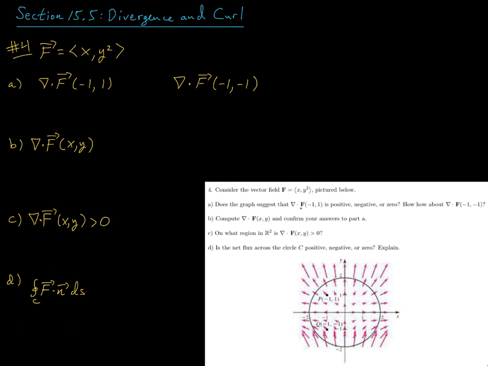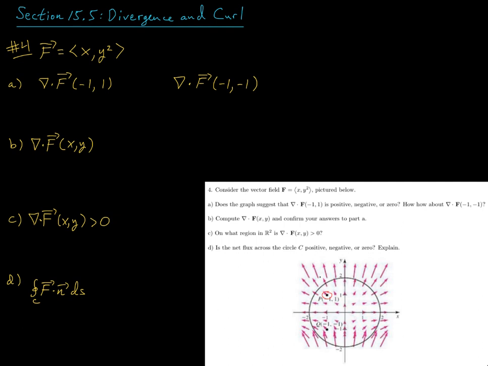just del dot F evaluated at the point -1, 1. In other words, the divergence at the point P, is this positive, negative, or zero? How about the divergence at the point -1, -1, the divergence at the point Q? Well, looking at P, if I were to draw a little circle near the point P, am I going to see net outward or inward flux?